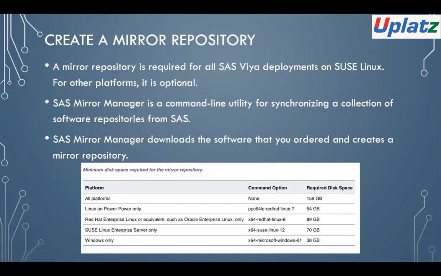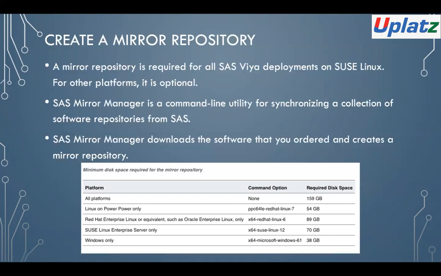A mirror repository is required for all SAS Viya deployments on SUSE Linux that we discussed. And in order for us to create the SAS Viya platform mirror repository, SAS Mirror Manager, which is a command line utility, is used for synchronizing a collection of software repositories from SAS.